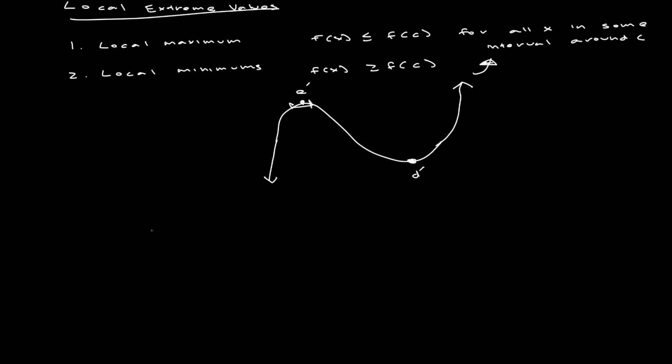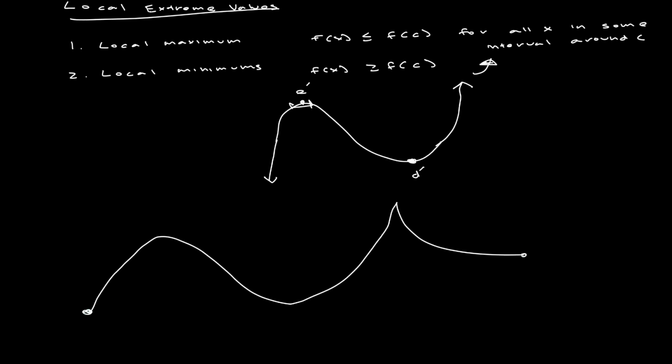And so now let's look at another toy graphical example where we classify points as local mins, local maxes, global mins, and global maxes. So let's draw out a similar curve that kind of looks like this, right? Okay. So we're only worried about the interval defined from here to this point.